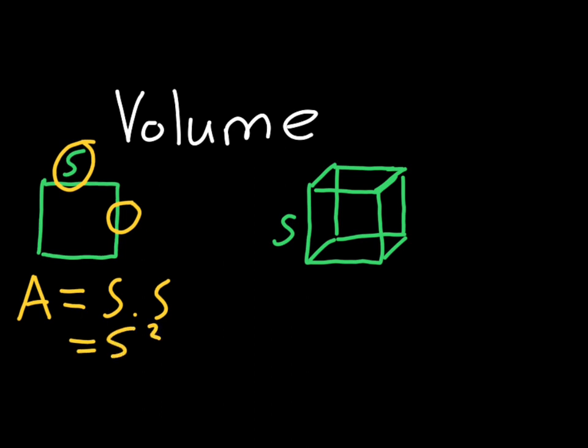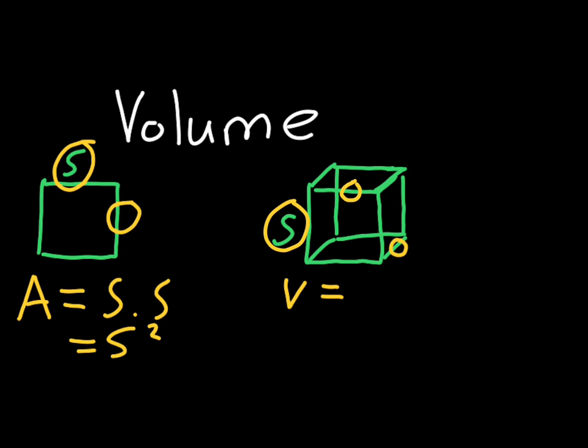And since all the sides in a square are equal, this is just side times side, which gives us side squared. Similarly, when we're calculating the volume of a cube, we need to multiply each of the different dimensions. So we will need to multiply the side here by, let's say, this side here. But remember, we have a third dimension, which the 2D shape does not have.